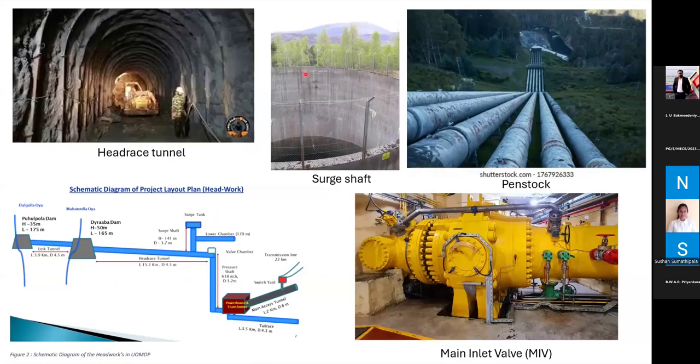The other aspect is the surge shaft, the one that I said is used to eliminate the surges appearing from the pressure shaft or the penstock into the tunnel. It looks something like this. And the penstocks are metal tubes, pipes, basically carrying high pressure water down very steep slopes.